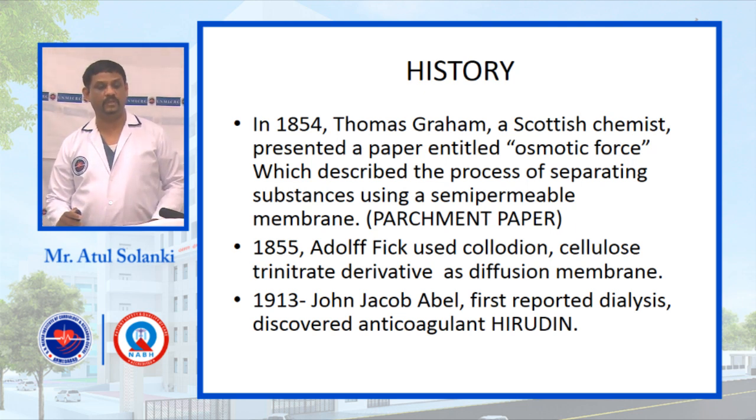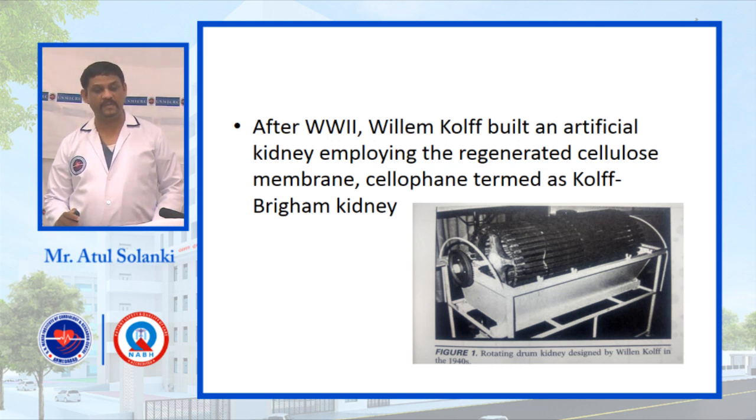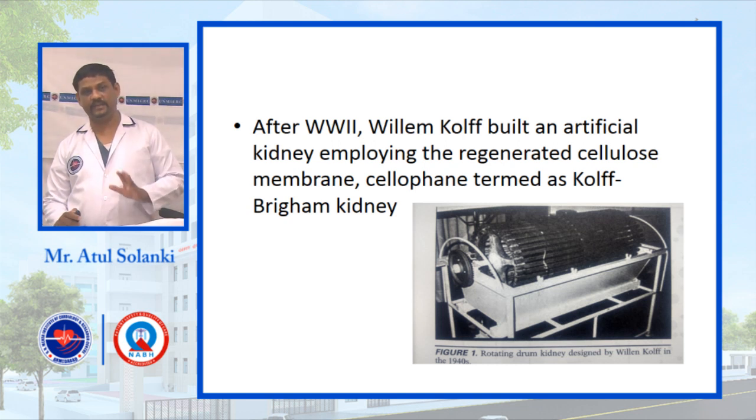In 1854, Thomas Graham, a Scottish chemist, presented a paper on osmotic force, which described the process of separating substances using a semi-permeable membrane, generally used for a hemofilter or hemoconcentrator. After the Second World War, William Kolff built an artificial kidney employing a cellulose membrane, cellophane, termed the Kolff membrane kidney. This artificial kidney was first designed by William Kolff.